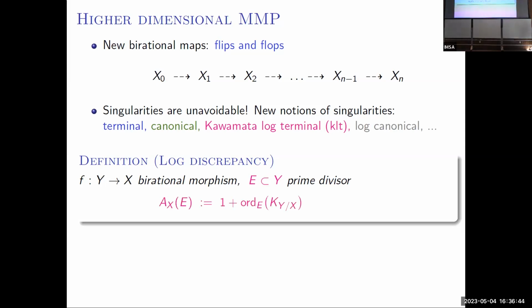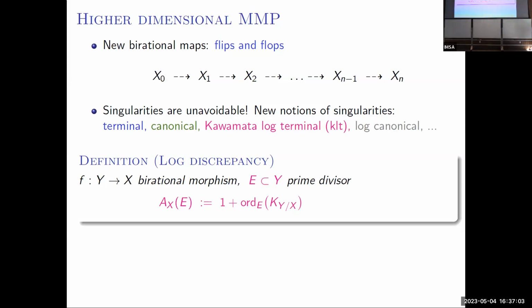And so I can compare the canonical class of Y with the pullback of the canonical class of X. So the canonical class of Y will be equal to the pullback plus some contribution of the exceptional divisors.